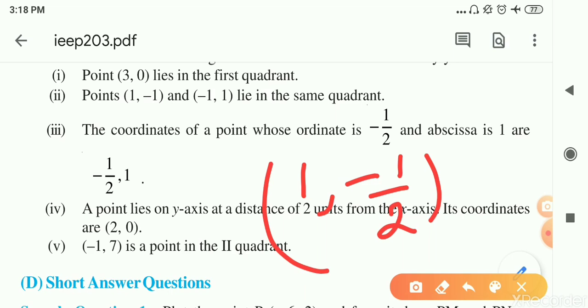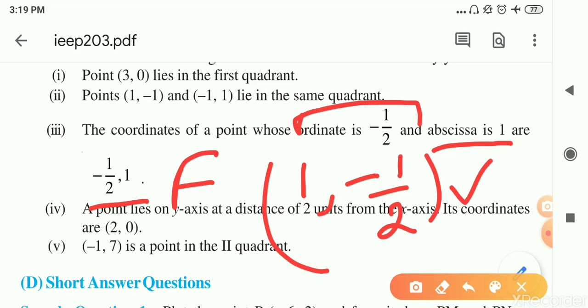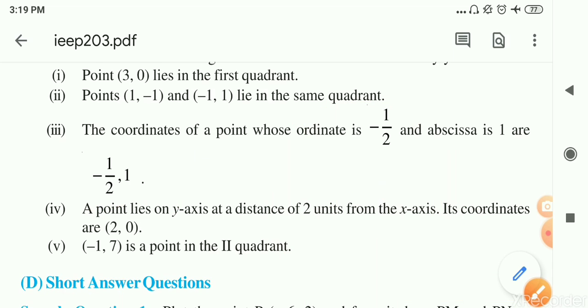As you can see, the abscissa is 1 and the ordinate is -1/2. Got it? But we are given that the coordinates are (-1/2, 1), so we can say this statement is also false, because the correct coordinates are (1, -1/2). So the statement is false.